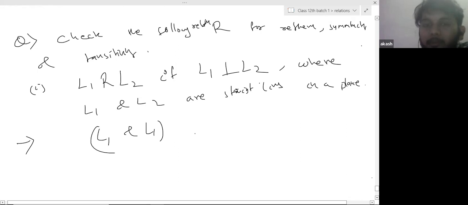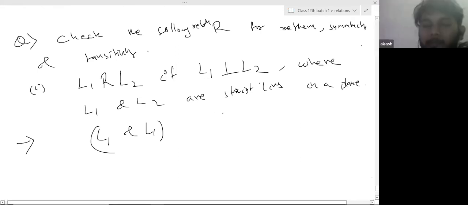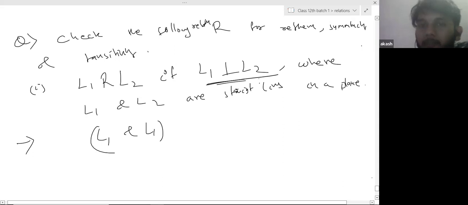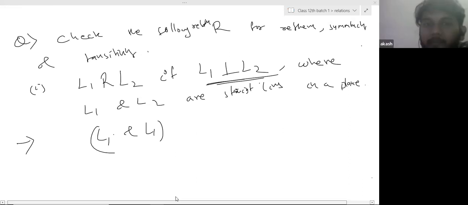Is this true or not? No, because they can be related only if they are perpendicular, and one line cannot be perpendicular to itself. Is this clear, Ronaldo? Yes, sir. So this is not reflexive.